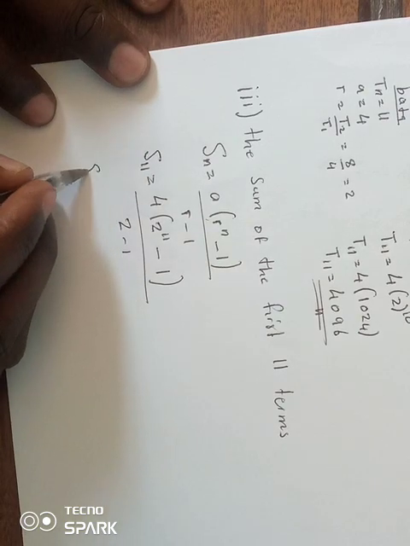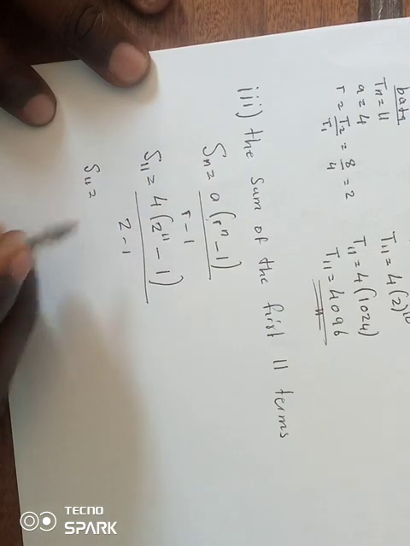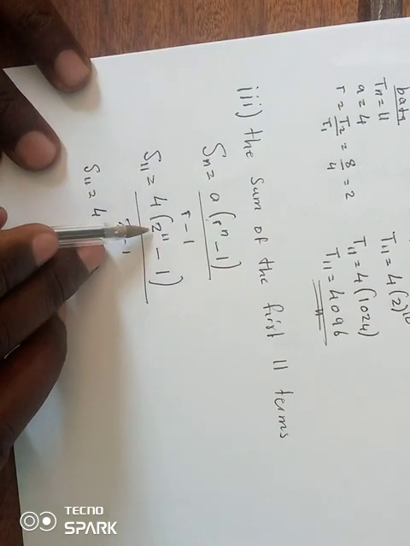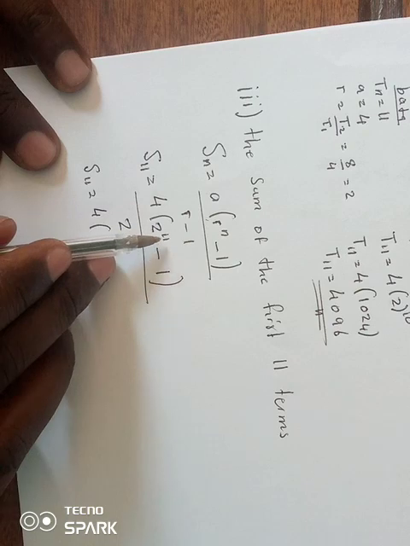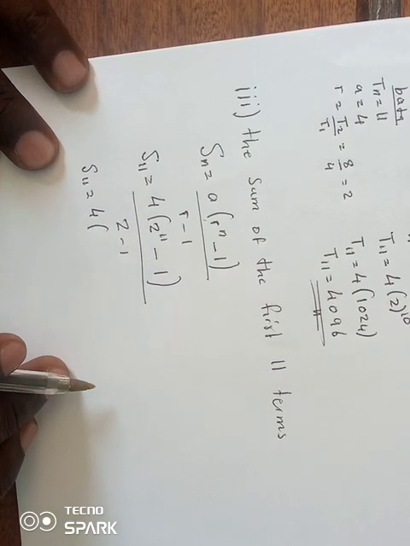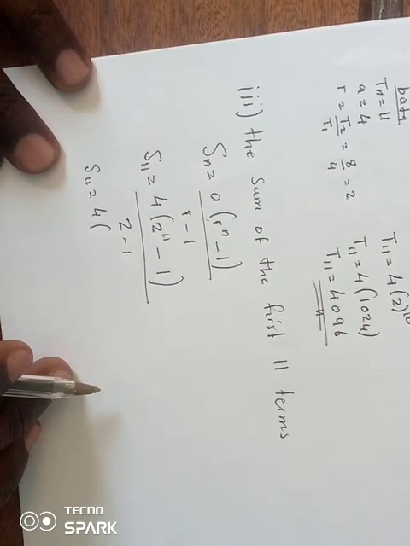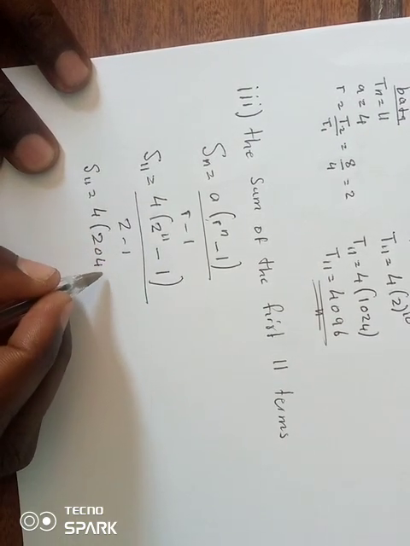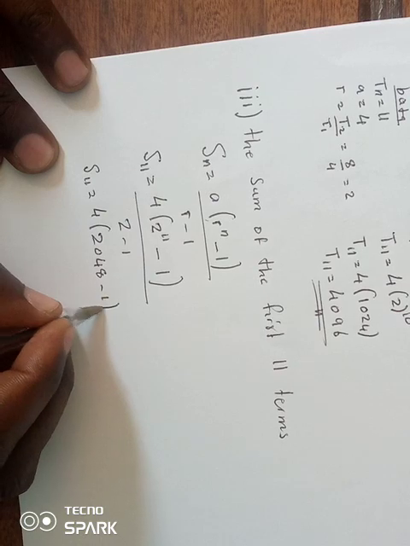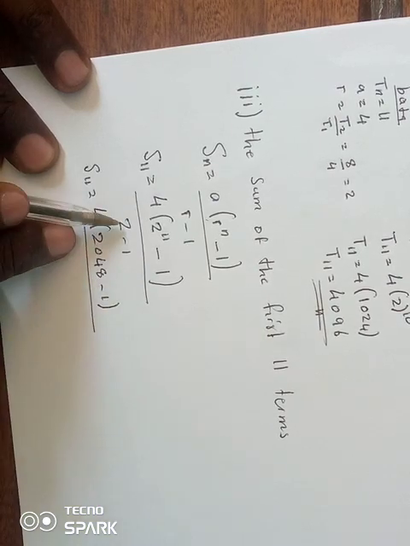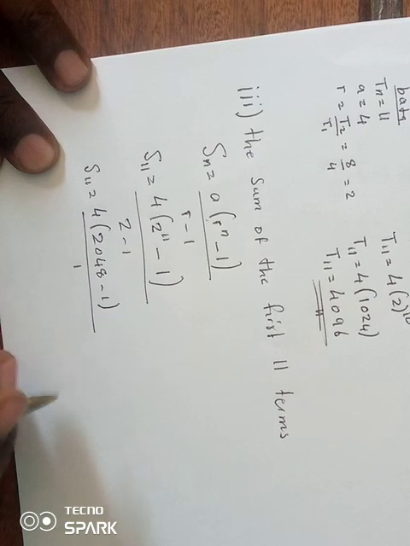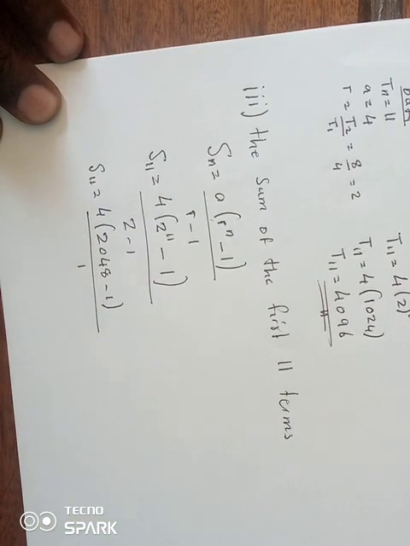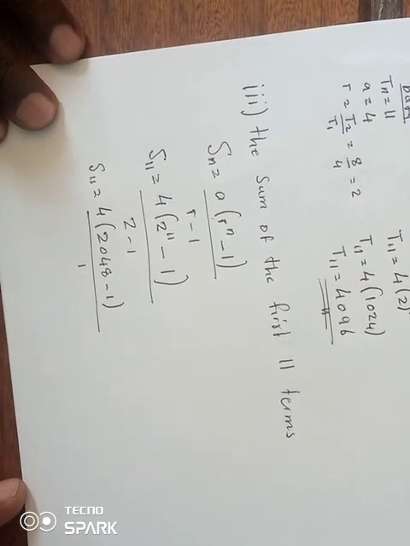So the sum of the 11 terms is 4 times 2 to the power 11, which will give us 2048, minus 1, over 2 minus 1, which will give us 1. If you divide 1 into the number on top, it will give you that number on top.